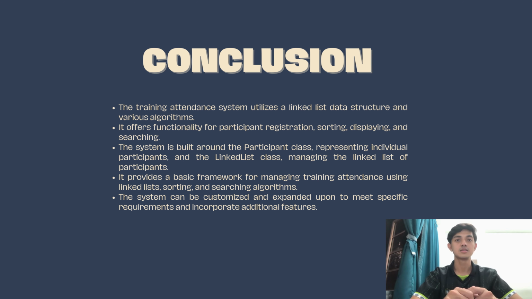Overall, the system provides a basic framework for managing training attendance using linked list, sorting, and searching algorithms. It can be further enhanced and expanded upon to meet specific requirements and incorporate additional features.